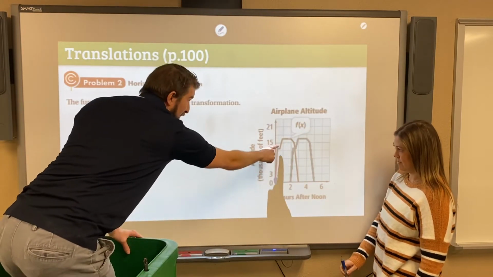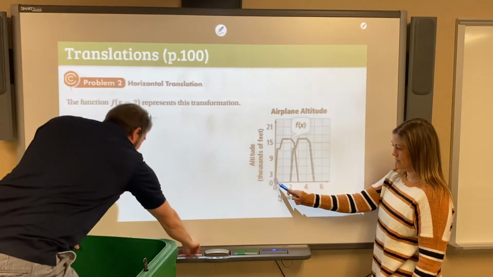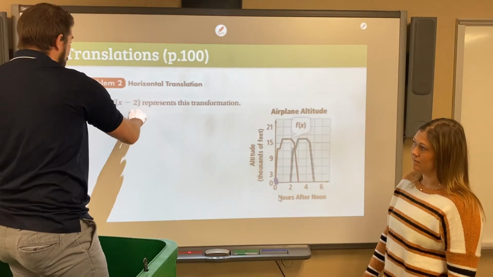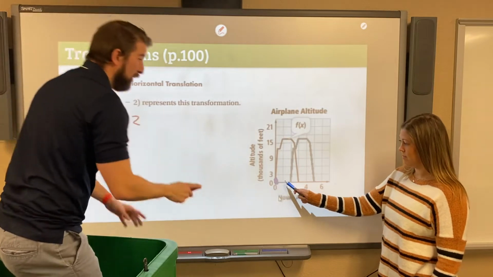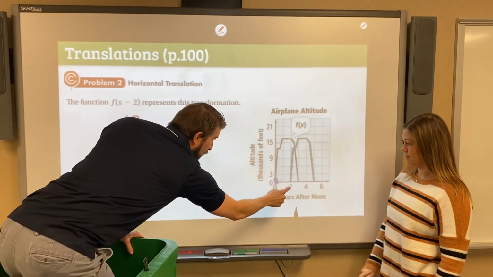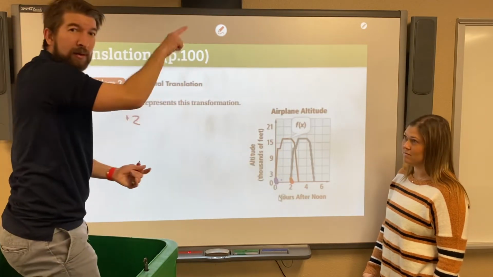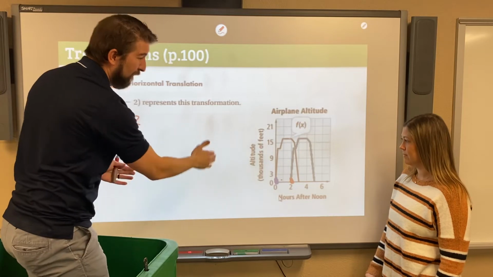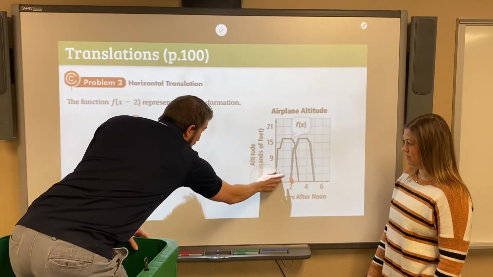So I'm picking the left point right here, and then I look at my new function, and I know I'm going to drop the number, switch the sign, and so I know I'm moving to the right 2, and look at this, 1, 2. My blue function, which is the transformation of the parent function, is to the right 2. This is pretty simple stuff.